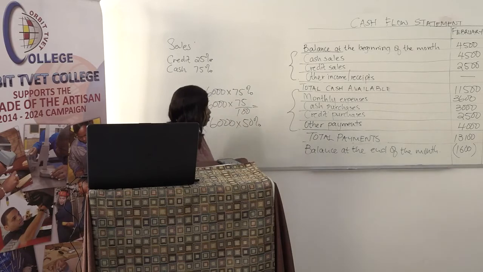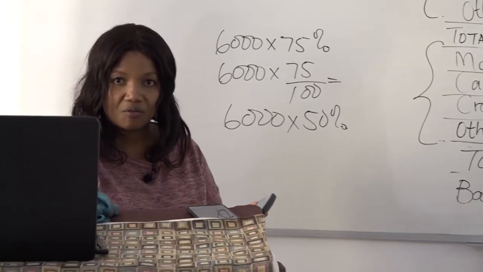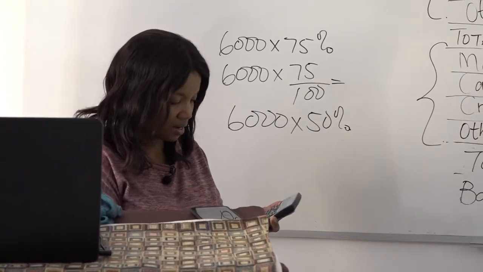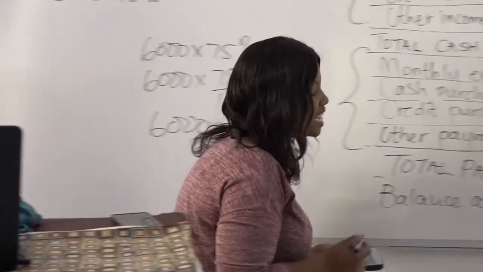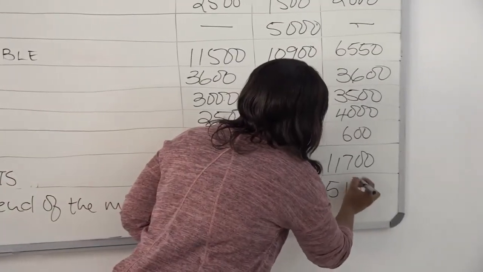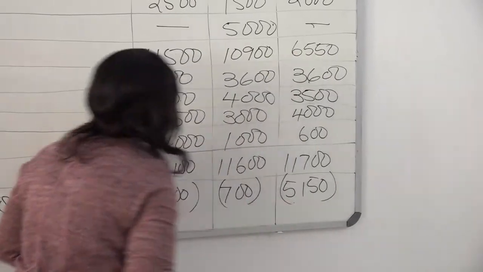Then we need to calculate the balance at the end of the month. Now we are going to say total cash available, which is 6,550 less 11,700. Then it gives us a negative 5,150.